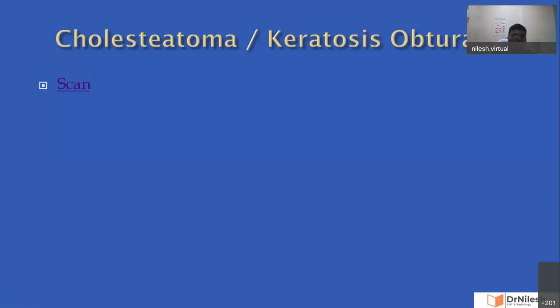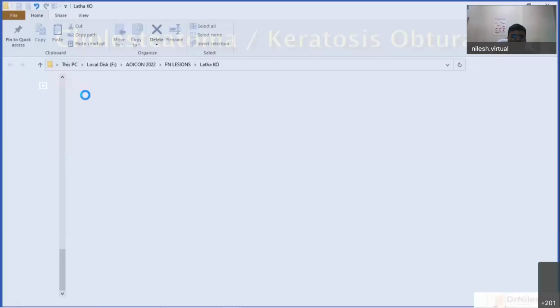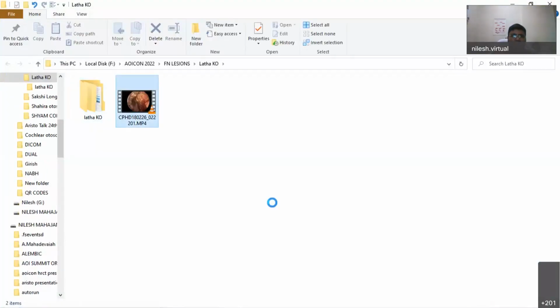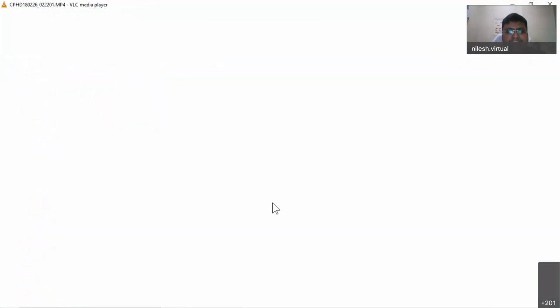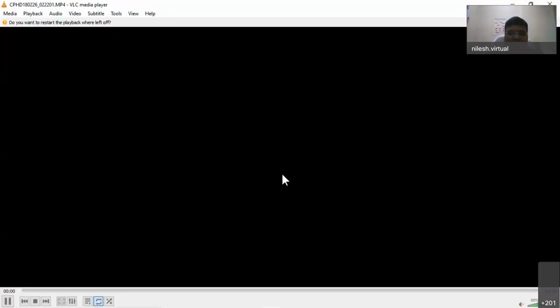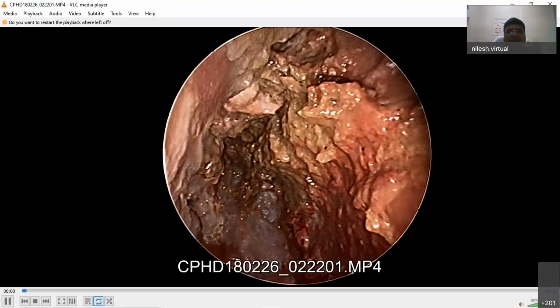Next is cholesteatoma or keratosis obturans. So this is a case of keratosis obturans. Otoendoscopically, you can hardly make out any landmarks here. It is a complete single otomastoid cavity filled with cholesteatoma.